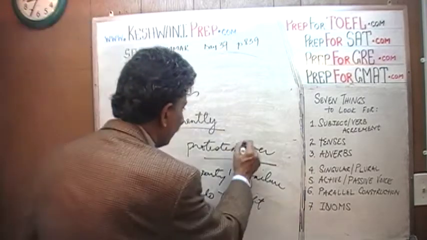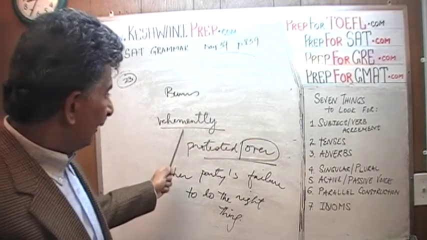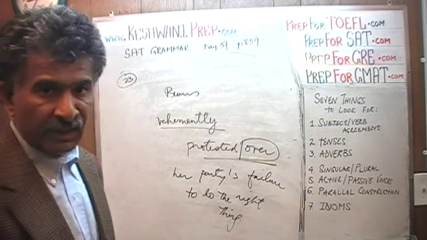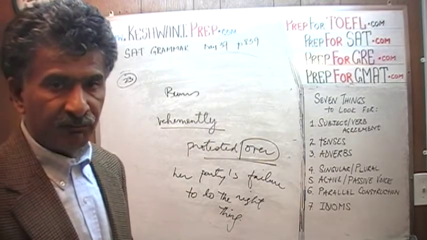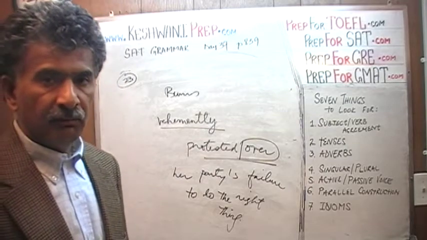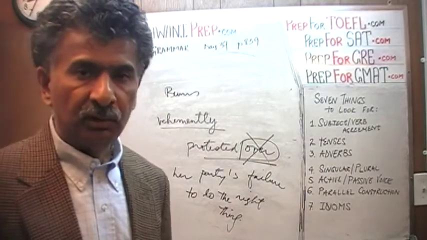Did you hear me say the word over? You did not. Burns vehemently protested her party's failure to do the right thing, because this lady Burns has a very strong sense of social justice, and she vehemently protested her party's failure to do the right thing.